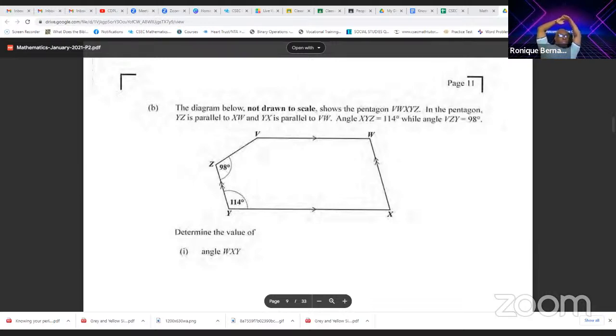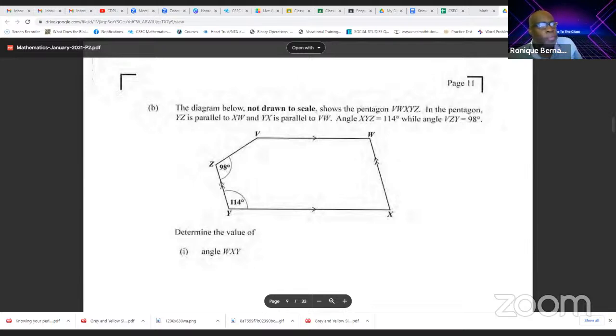Wonderful. Now, there is a bit of information that you need to know. The word parallel that is given is key information.